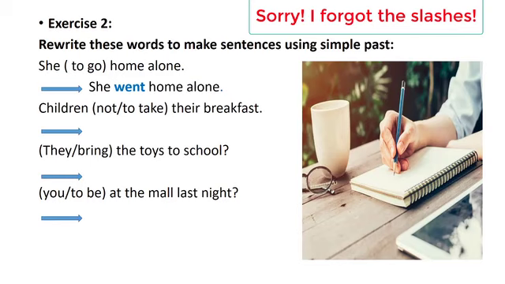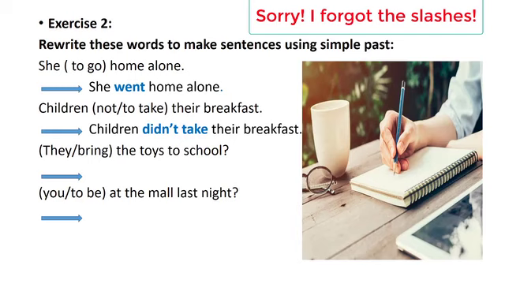Next one. Children, not to take their breakfast. Okay, let's see if you get the answer. Did you get the answer? Yes, good job. Children didn't take their breakfast. Okay, let's go to number 3, sorry.